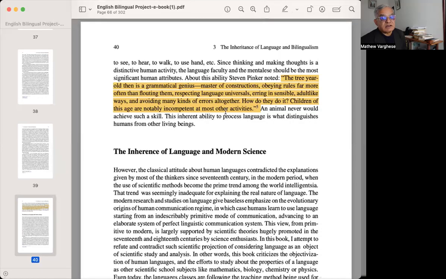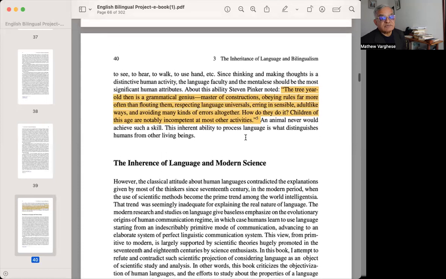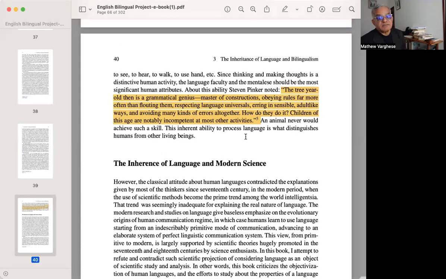One of the very popular linguists who worked on this has written a book called The Language Instinct. His name is Steven Pinker. And he says this psychological process of switching from one language to another is very organic in the mind of people.